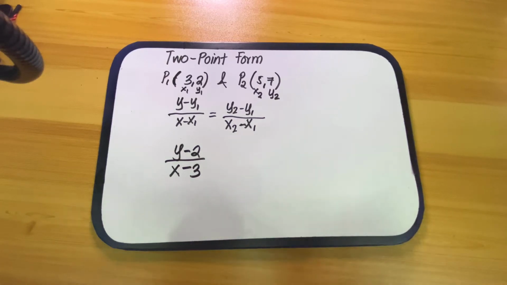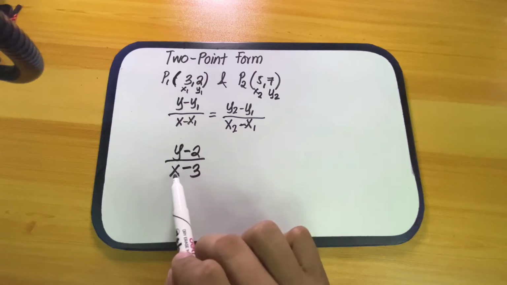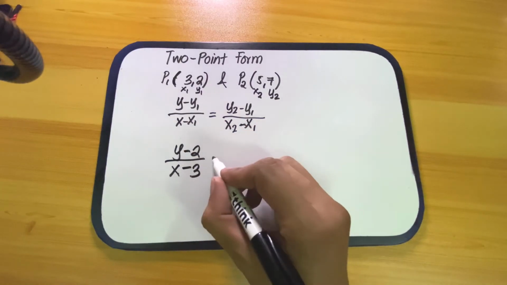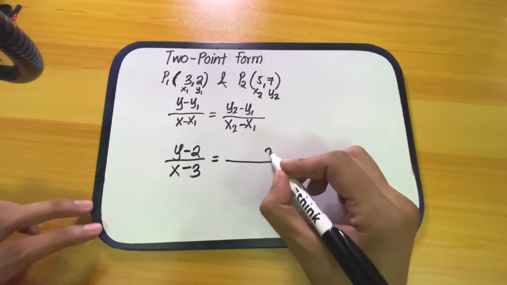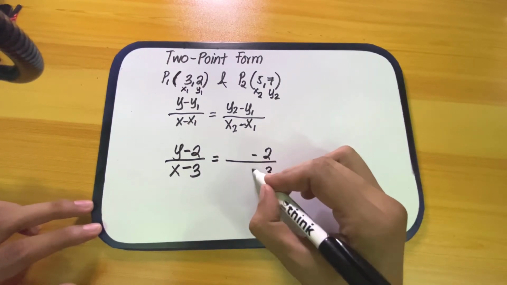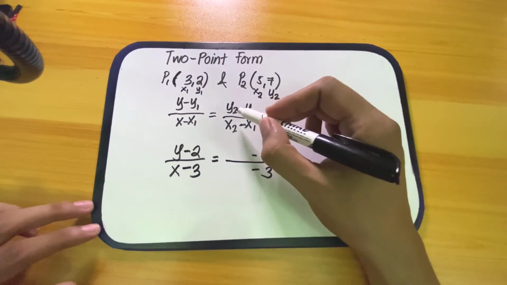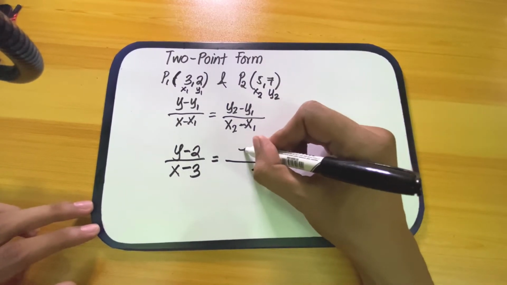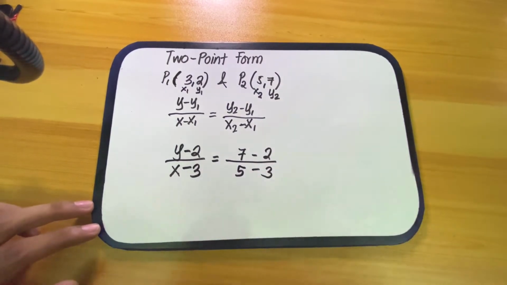Okay, so don't forget that one. So again, y minus 2 over x minus 3 equals, copy here 2 and 3, because y sub 1 is 2, x sub 1 is 3. So y sub 2 is 7, x sub 2 is 5.